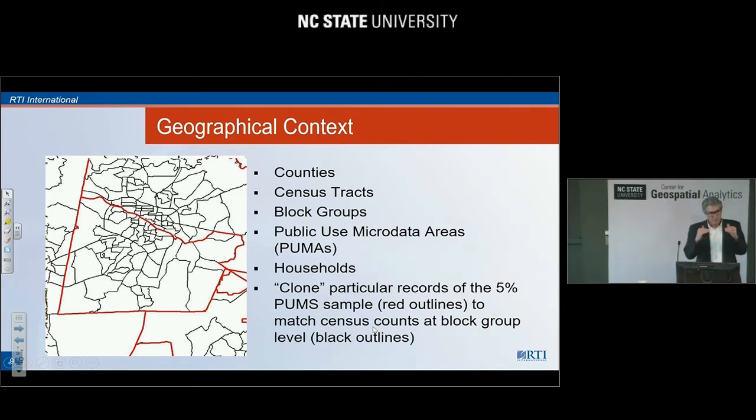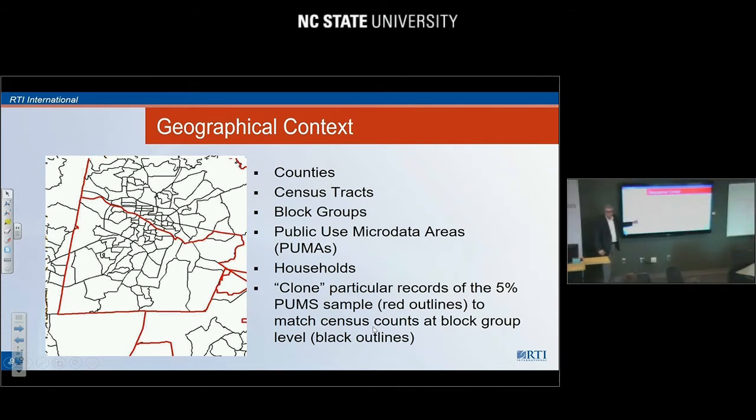So what we do is we take that 5% sample and we clone or sample with replacement to get 100% of the people. So we look at the attributes of each census block group. How many people of this income level? How many households of income A, income B, income C, income D?